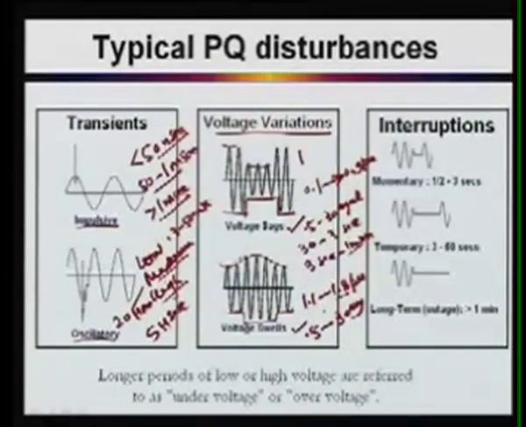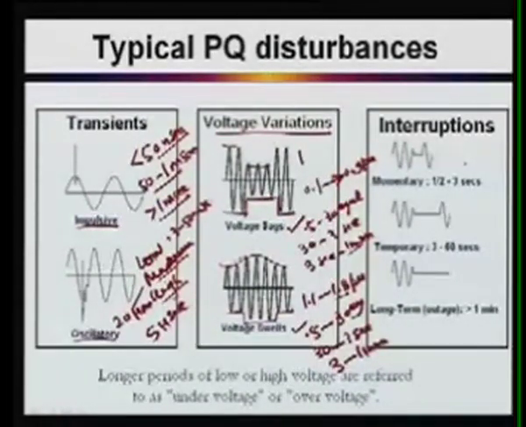It is momentary if your duration is from 30 cycles to 3 seconds, and if it is from 3 seconds to 1 minute, then it is called temporary voltage swell.